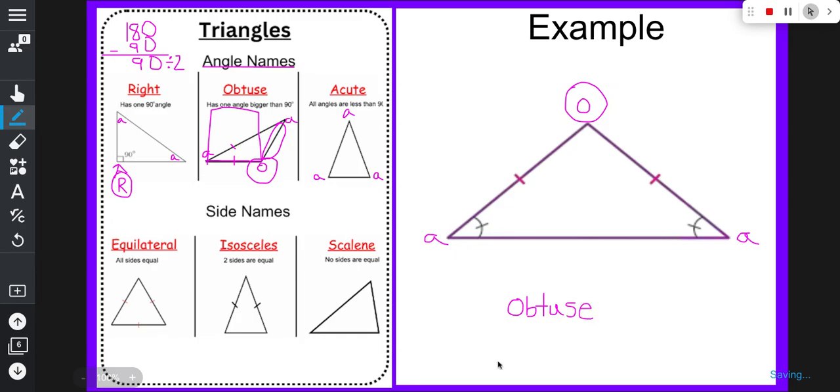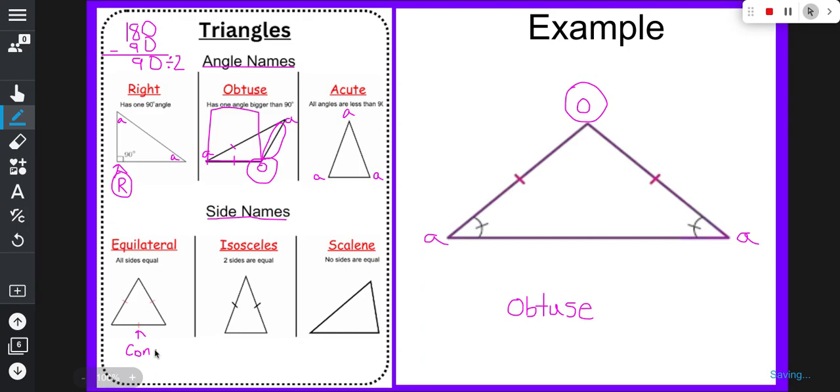Now, all triangles have a first name, but they also have a last name, and the last name is based on the side names. An equilateral triangle has all sides equal. These little dash marks represent equal. They are called congruent.